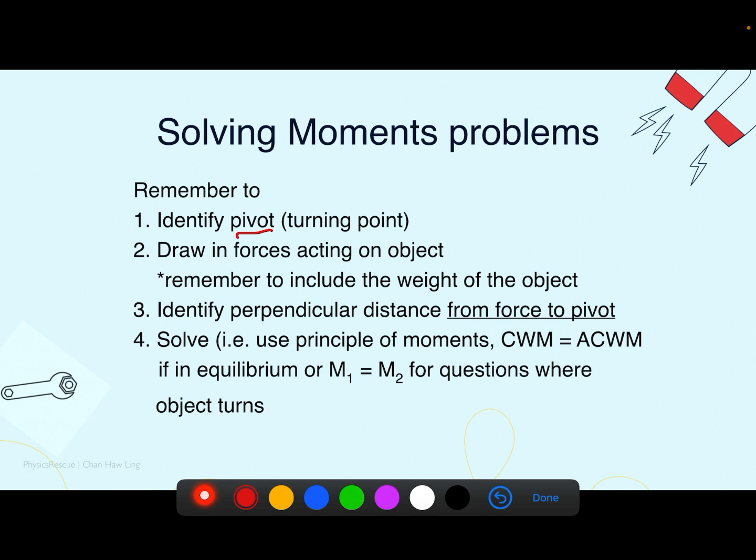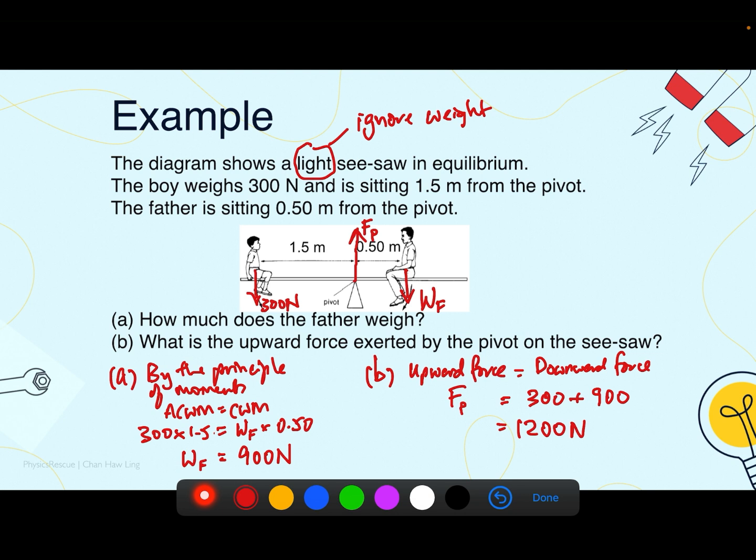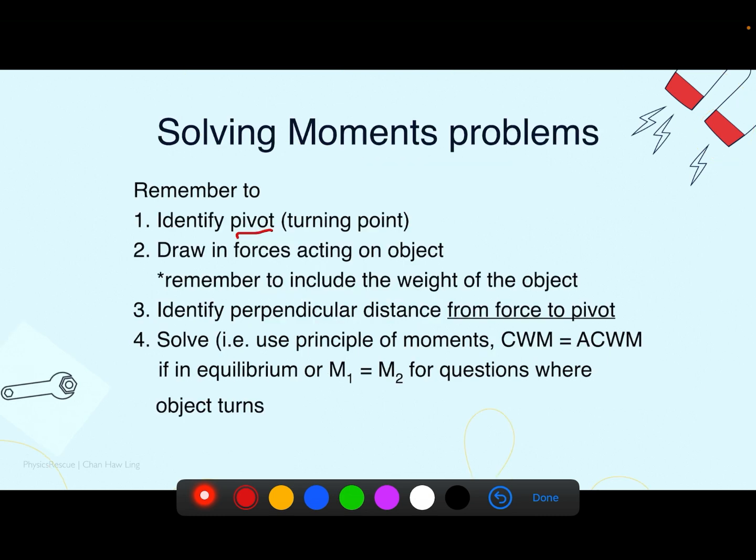As you remember from the previous question, the upward force of the pivot on the seesaw plank is not drawn beforehand, and you need to be able to draw it in to recognize that there's a force there. So you need to draw the forces, and we need to include the weight of the object, unless the question says that it is light or you can ignore the weight of the object.